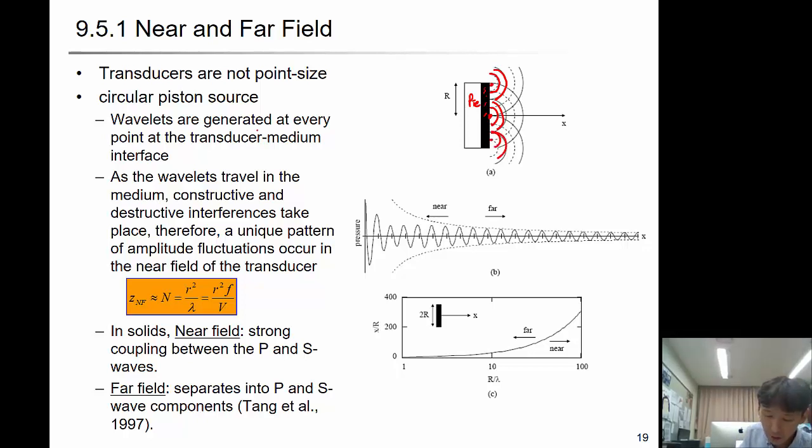The wavelet generated at every point at the transducer and medium interface travels, and there will be some interference between these wavefronts. Some will be cancelled out and some will be superposed and amplified, so that a unique pattern of amplitude fluctuation occurs in the near field of the transducer.